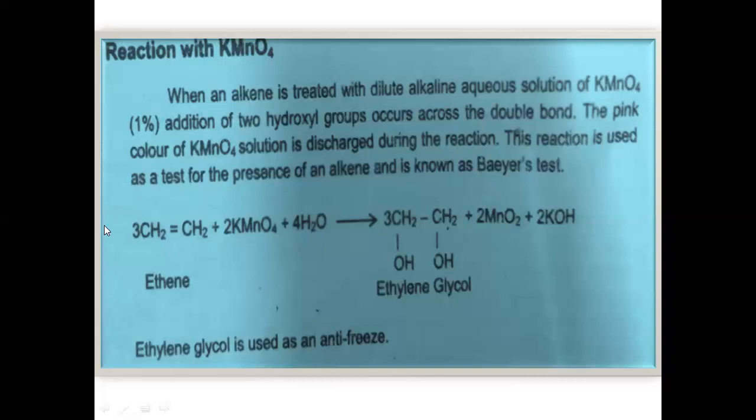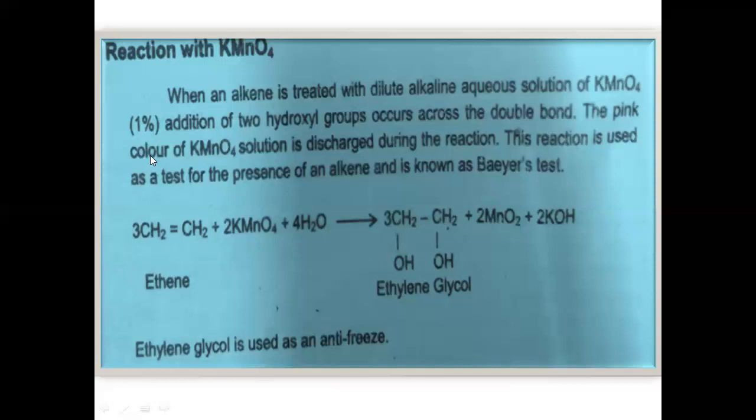You can see this is ethene, an alkene, reacting with potassium permanganate, and as it is a dilute solution, we will add water to make it a 1% dilute solution. What will happen? You can see the two hydroxyl groups will attach, one hydroxyl group with one carbon atom and the second hydroxyl group with the second carbon atom.